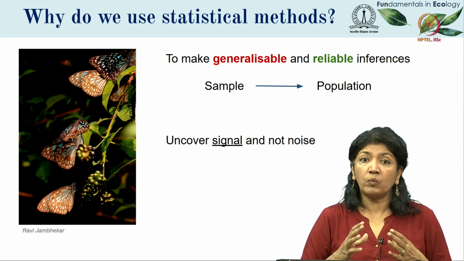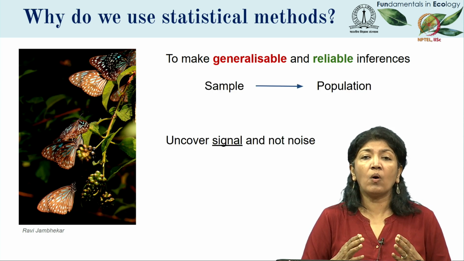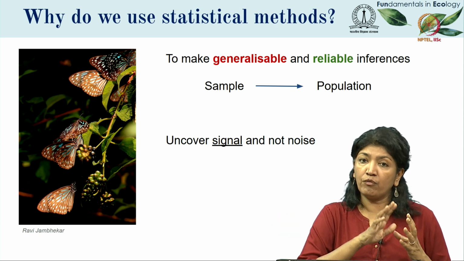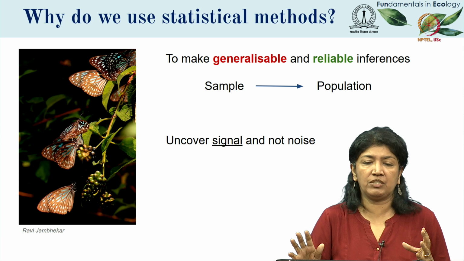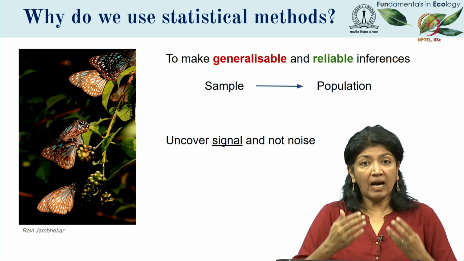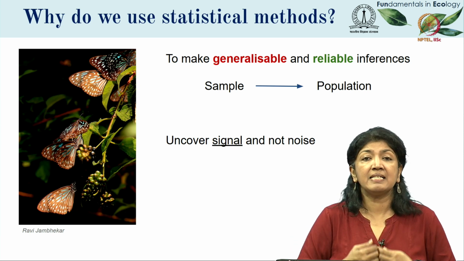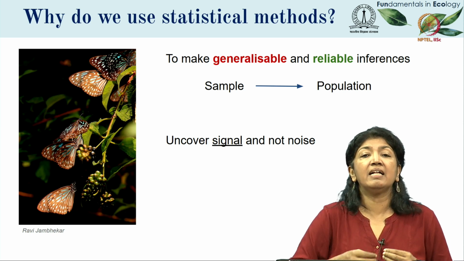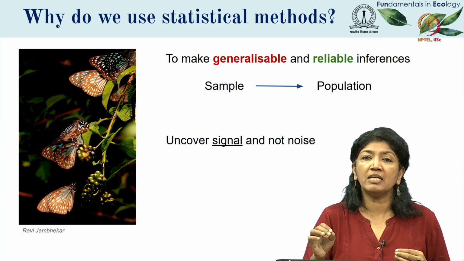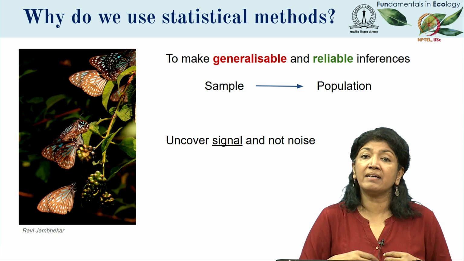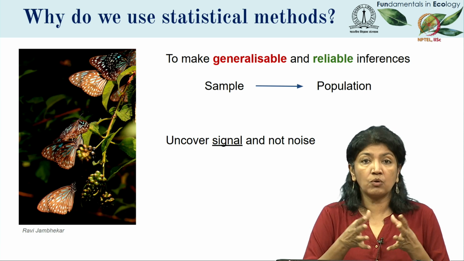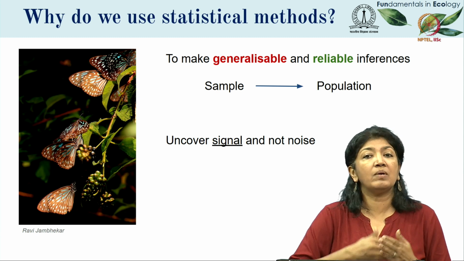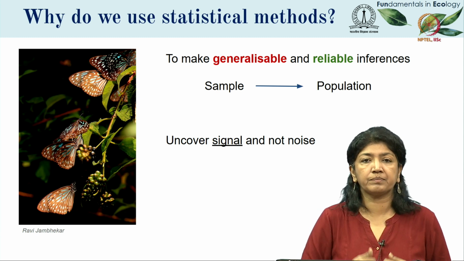By that, what we mean is that we want to be able to confidently generalize from sample to population, and what we uncover during data analysis and report, we want to be able to uncover signal that is characteristic of the population and not report a pattern that is noise, that is only restricted to this sample, and the next sample we collect will give us a different answer.